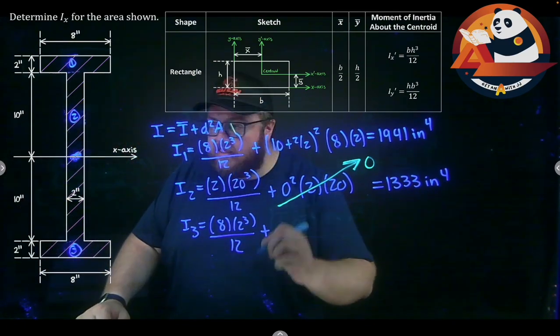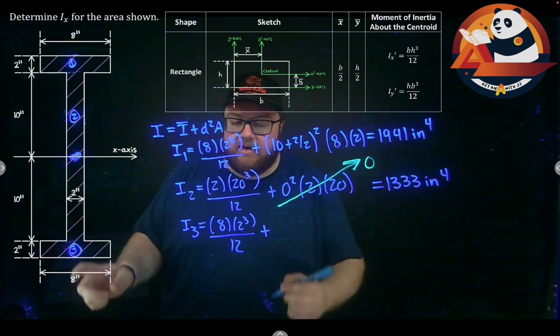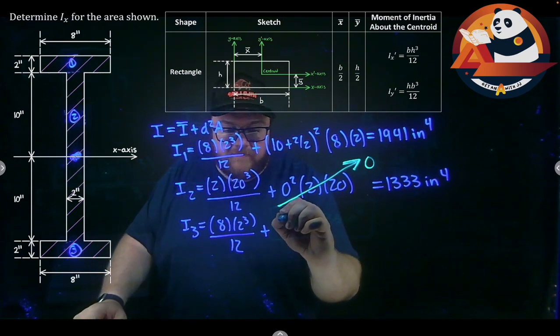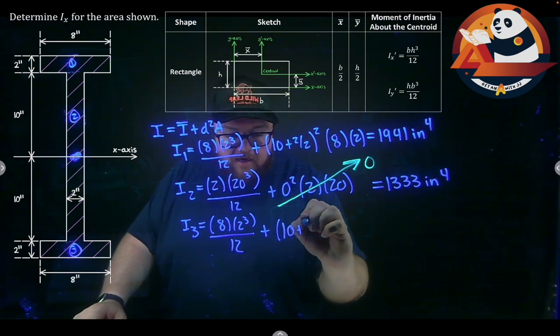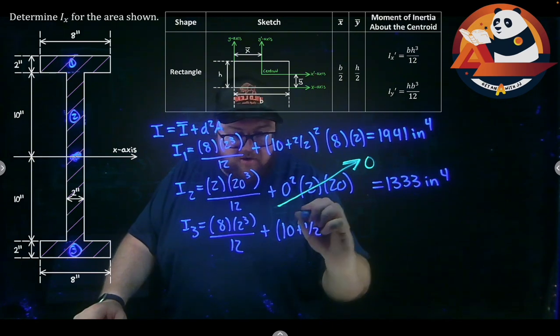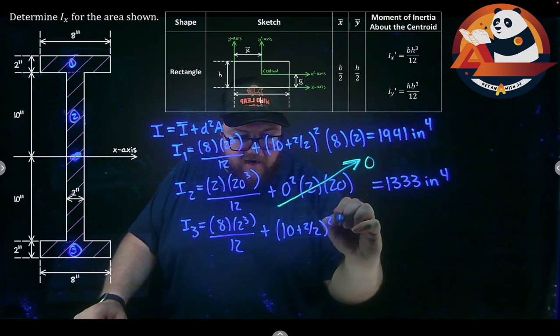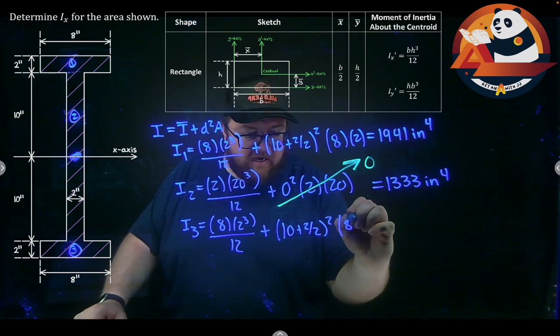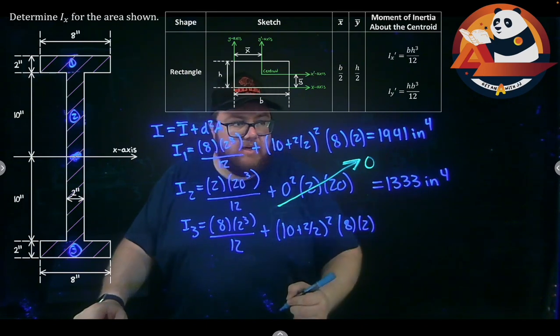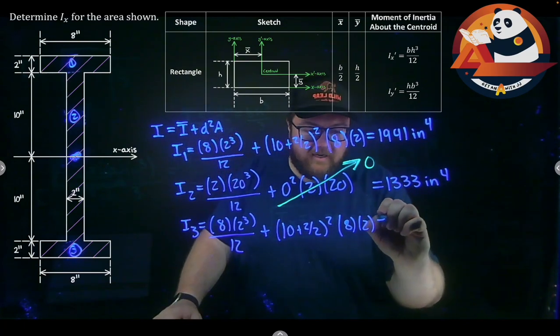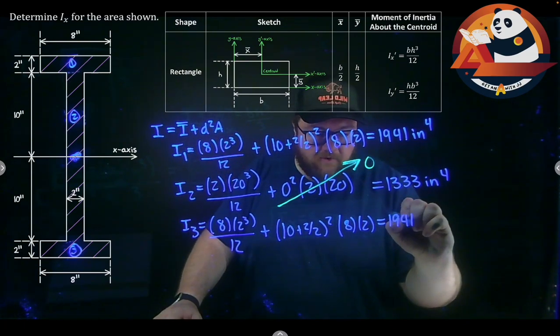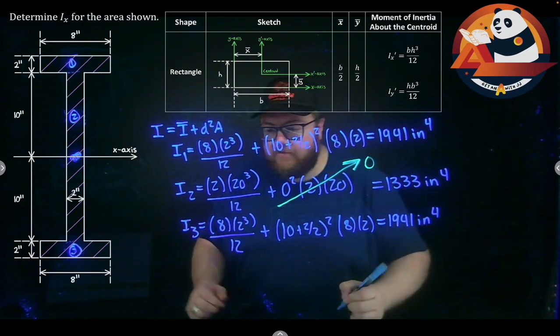Really, my d distance here is the exact same for shapes 1 and 3 because we're symmetrical. So plus 10 plus 2 over 2, squared times the area, 8 times 2. It's still 1941, equals 1941 inches to the 4th.